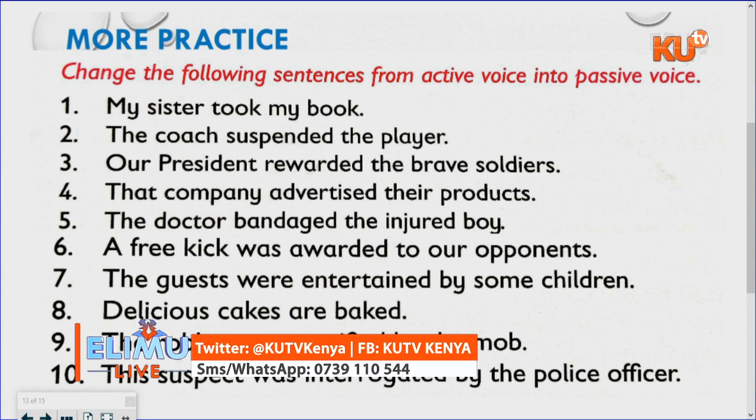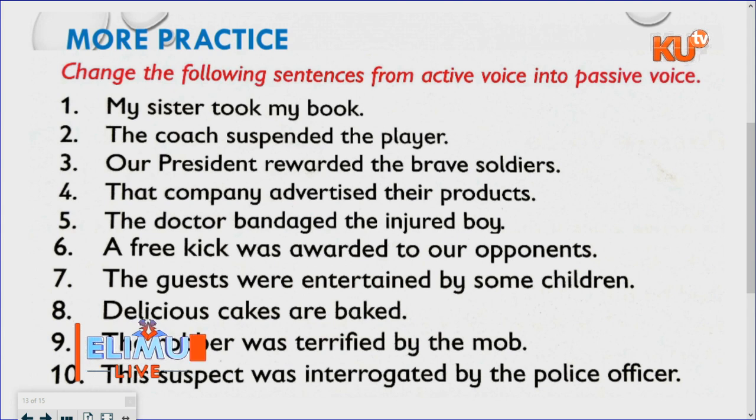No, the object cannot perform the action. Even if we are changing that sentence to passive voice, the object still remains the object; it is the one that receives the action of the subject. So their products were advertised by that company. This is another common mistake that our students make.